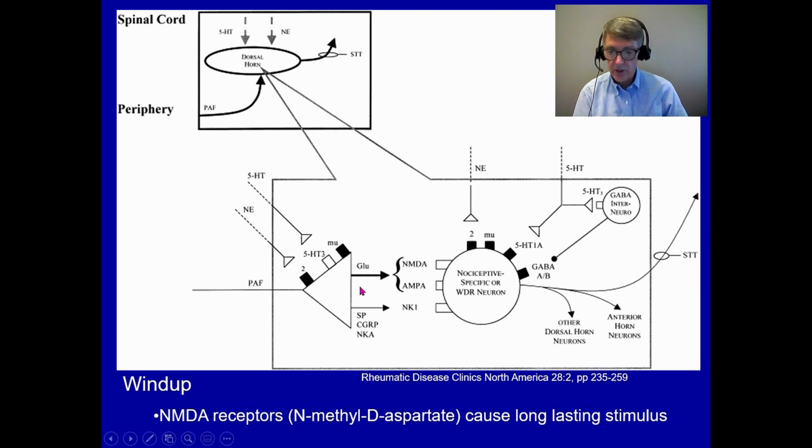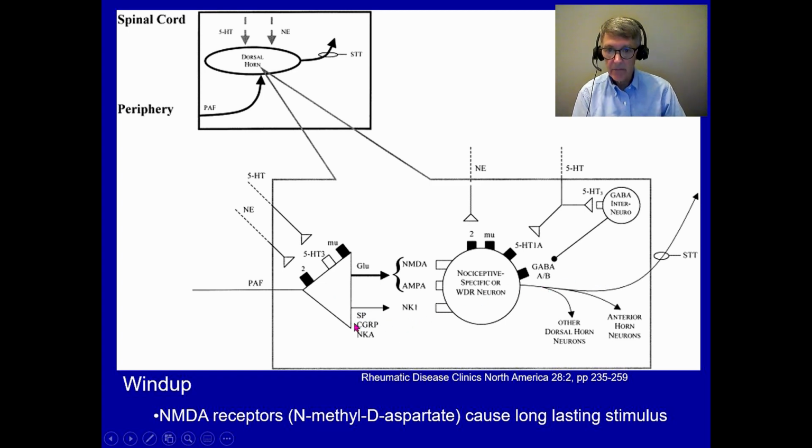Wind-up then occurs in the dorsal horn. Wind-up means that repetitive stimulation of the pain fibers results in an exponential increase in the magnitude of the response of the neurons leaving the dorsal horn, and that's what's shown in the spinothalamic tract here. And data to support that, the NMDA receptors, or N-methyl D-aspartate receptors, are activated, which cause a long-acting stimulus of the nerve leading to the dorsal horn.